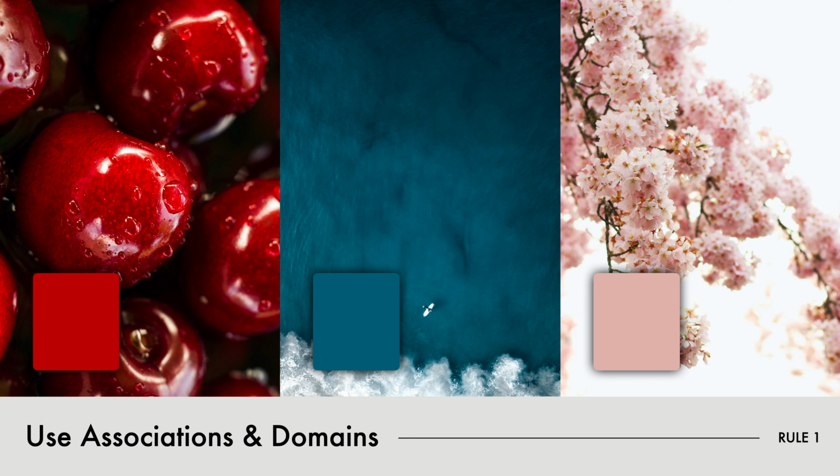And so not only does using associations and domains feel good, but it's actually functional. It reduces the cognitive load on people because they're like, oh, I already have this association. I already have this thing in my brain that you can tap into that's both enjoyable and functional. So the first rule is to use associations and domains.